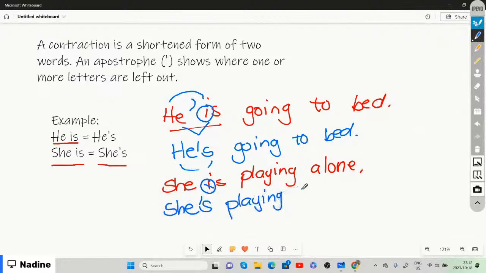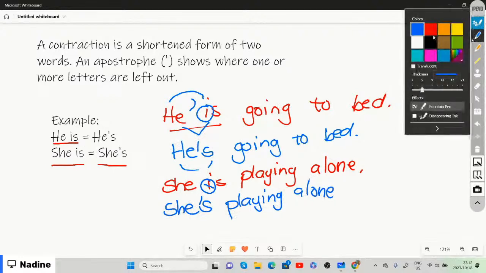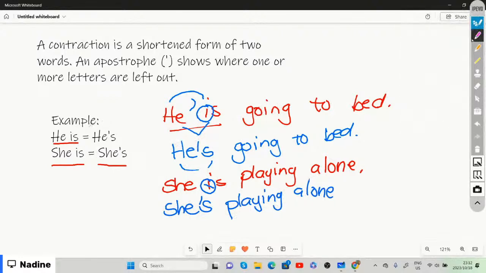playing alone, right? So this we call contractions, where we shorten this that I'm circling.